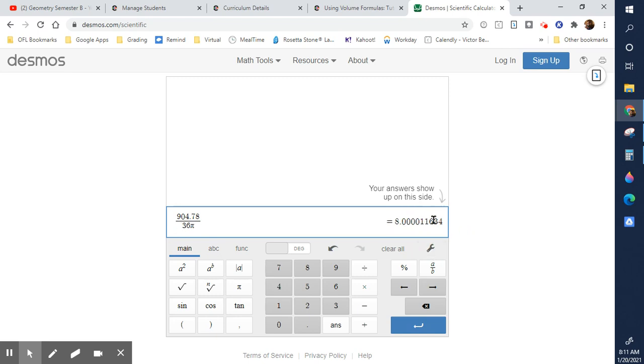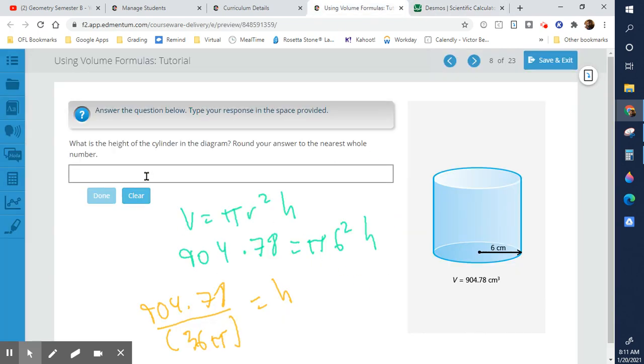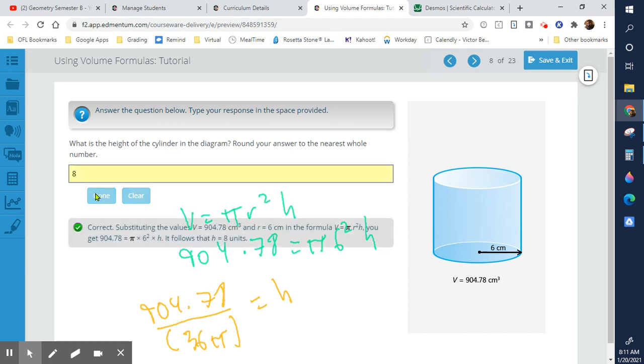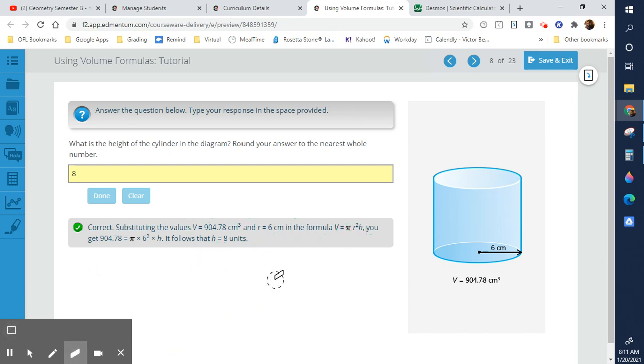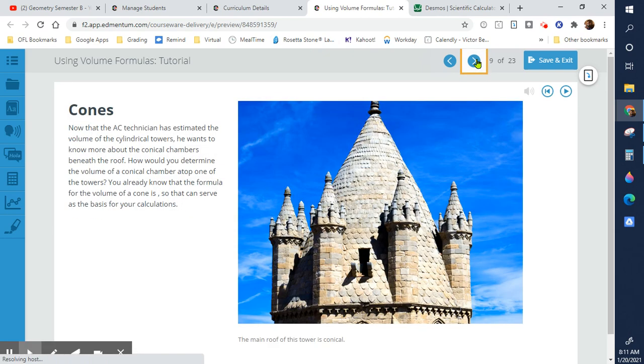There are more decimal places here, but that's just because pi goes on forever, so there's no way to get a perfect number, but 4 decimal places is pretty accurate. So I'm just going to say 8 here. Perfect. And as always, I'll give you an explanation on how to do it. Moving on to the next slide.